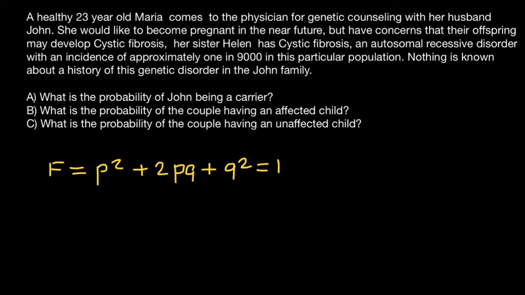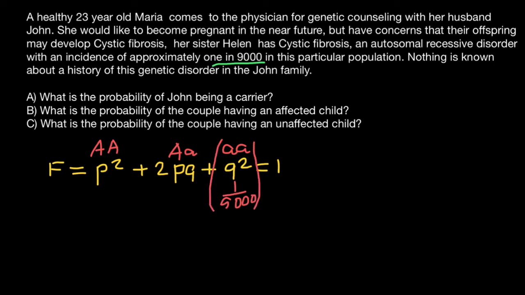And p squared stands for the homozygous dominant genotype, capital A capital A, 2pq stands for the heterozygous genotype, and q squared stands for the homozygous recessive genotype. According to our problem, the frequency of this genetic disorder is 1 in 9,000 people. So 1 out of 9,000 people would be affected.